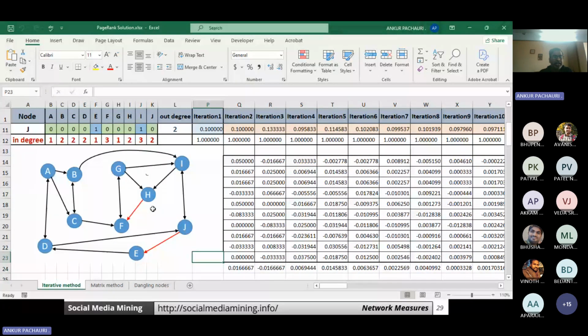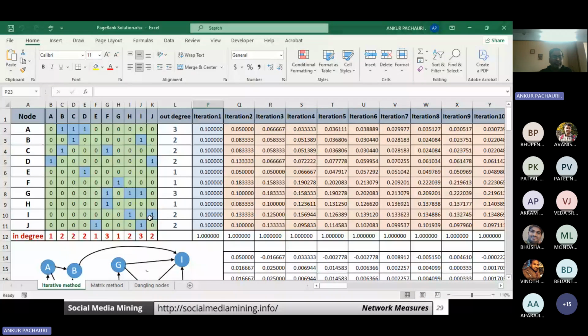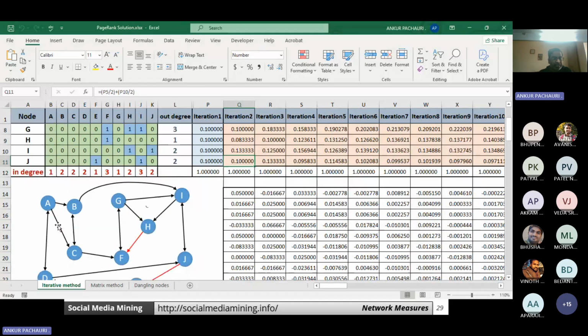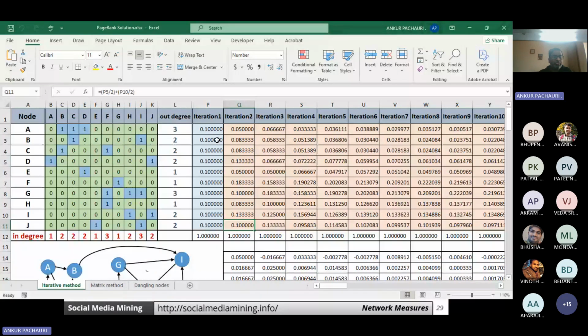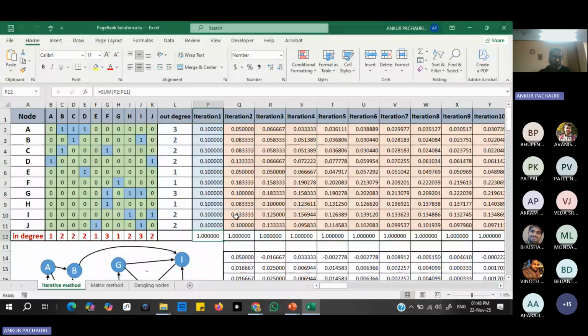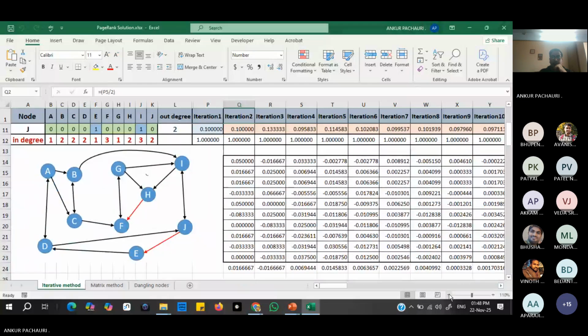This is our directed graph, and based on it we performed the iterative method for PageRank. Initially, as it has 10 nodes, all of them have 1/10, so 0.1 each. That means the total overall PageRank was 1. For the second iteration, we come up with the formula for PageRank that is specific to a node. This is the preprocessing we have to do before executing the PageRank algorithm on any node.